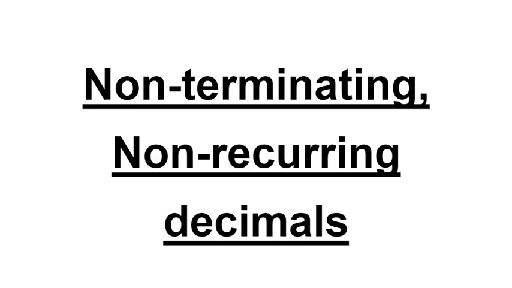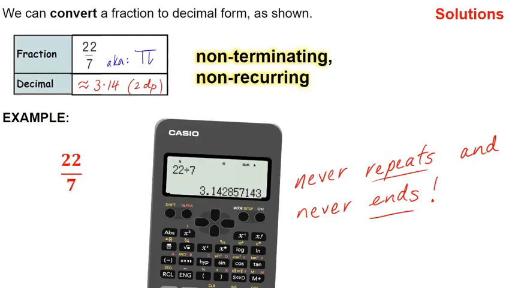To finish, there is an example of a decimal called a non-terminating, non-recurring decimal. It goes on endlessly, and there are no patterns that repeat. The most famous example of a non-terminating, non-recurring decimal is pi. That's the fraction 22 on 7.